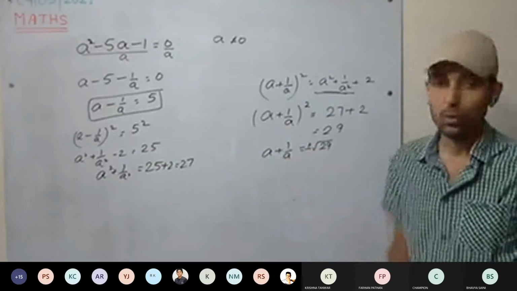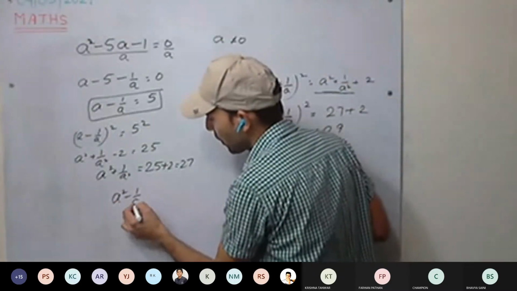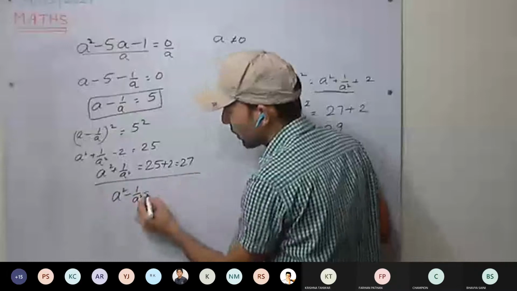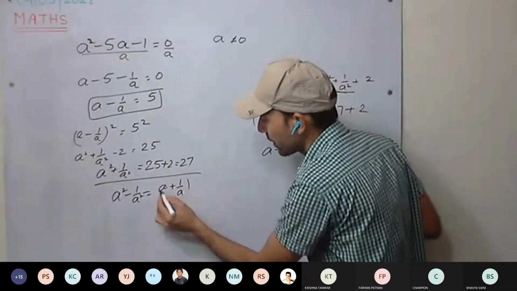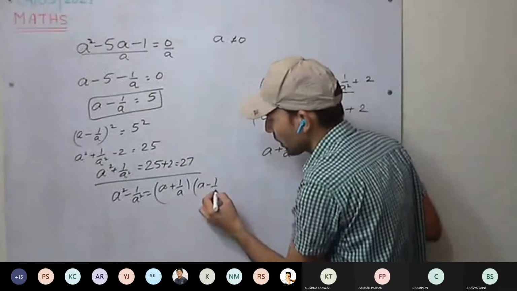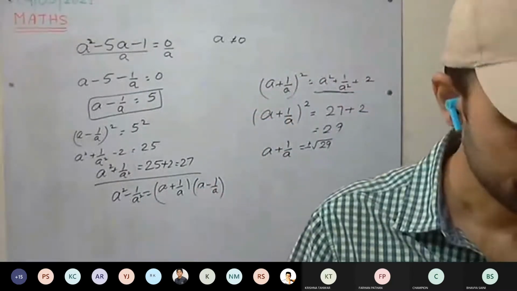Now, again, the most liked equation: a square minus 1 upon a whole square. Its value we have to calculate. A plus 1 upon a minus 1 upon a, calculate this one.